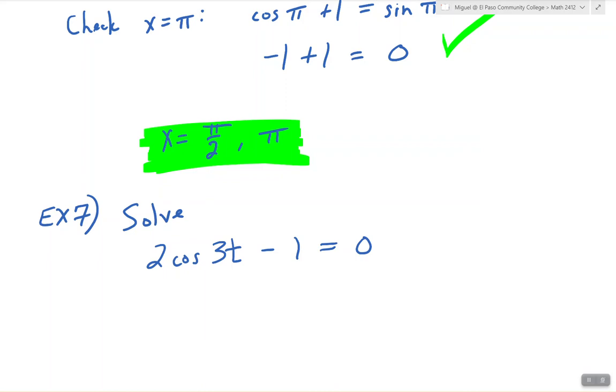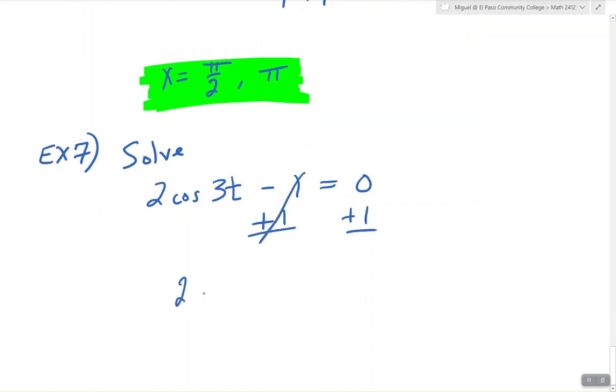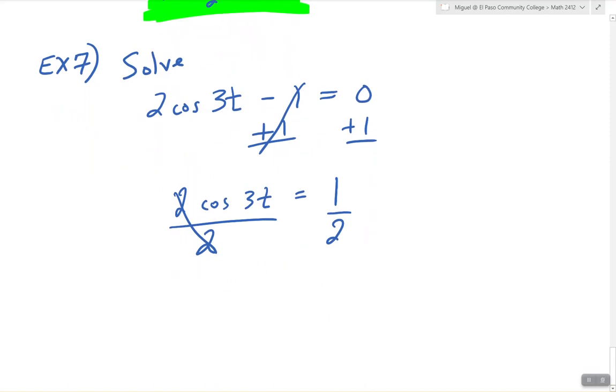We only have a single trig term, so it's pretty easy to isolate that. So let's just move the 1 over. And then we can divide by 2 to get the cosine of 3t by itself.